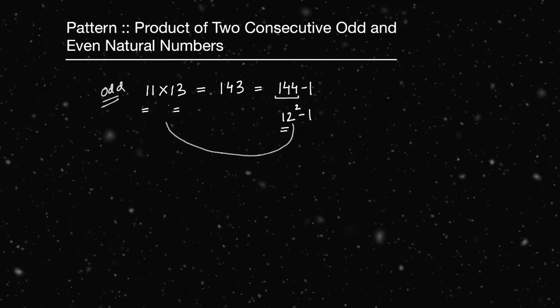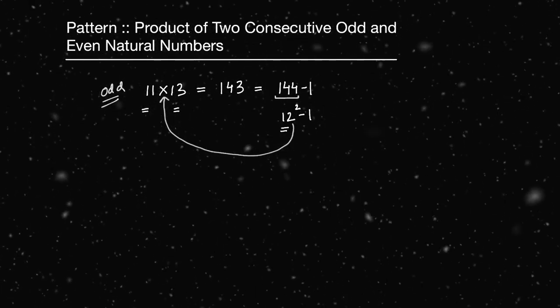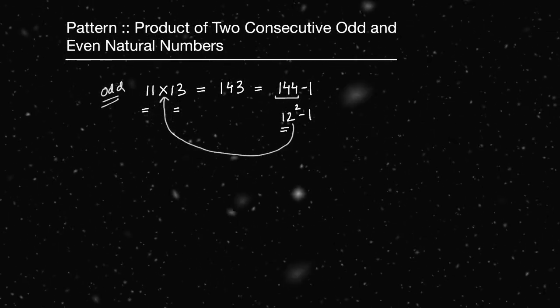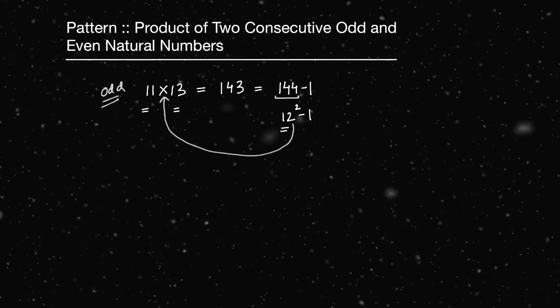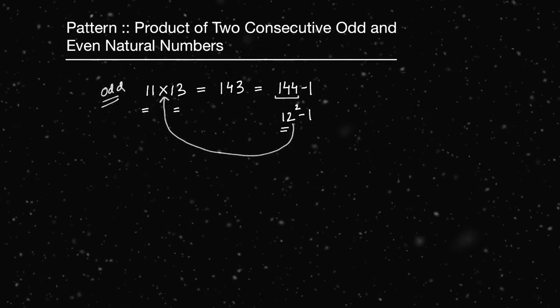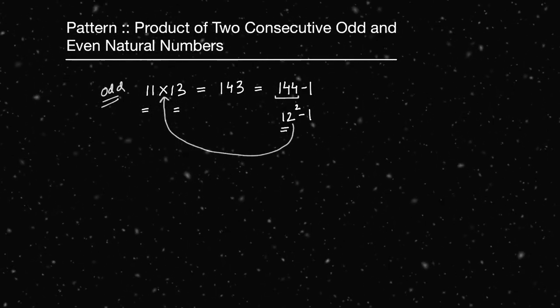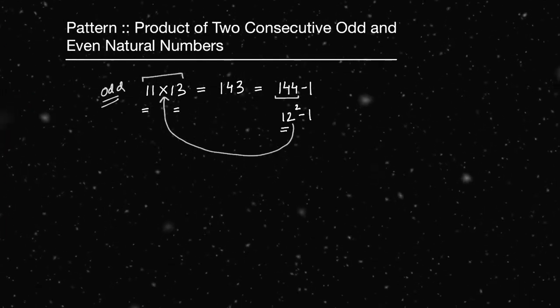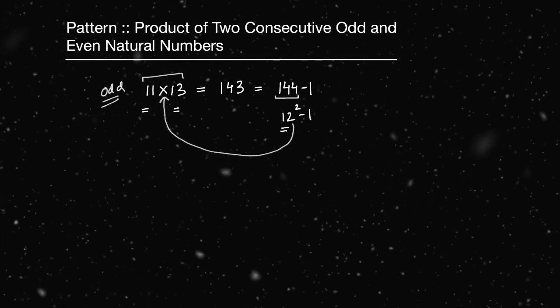One more interesting thing to note is that this number lies between the consecutive odd numbers that we have taken. Therefore, we can conclude that whenever we multiply any two consecutive odd numbers, the even number that lies in between, squared, minus 1 is the result of that multiplication.